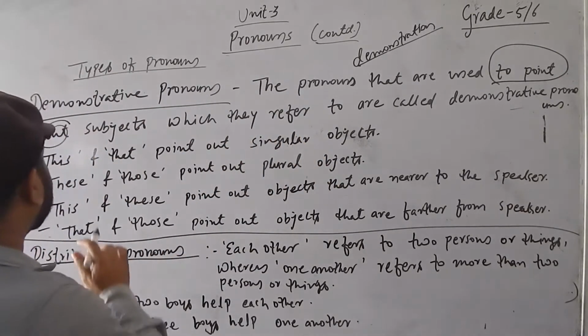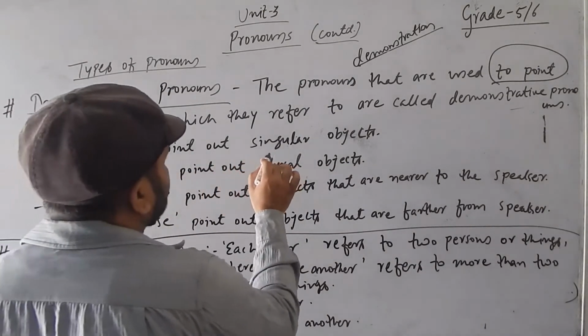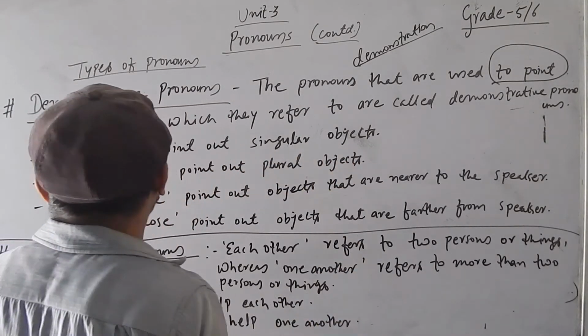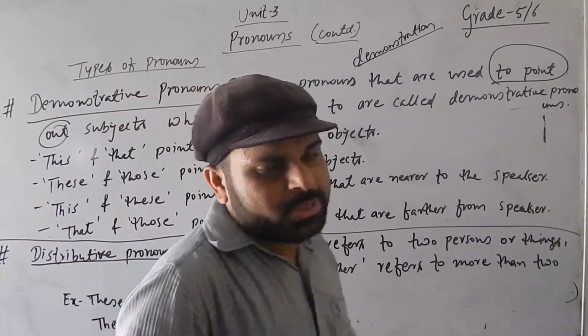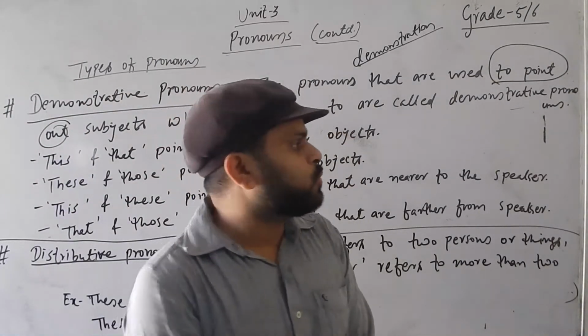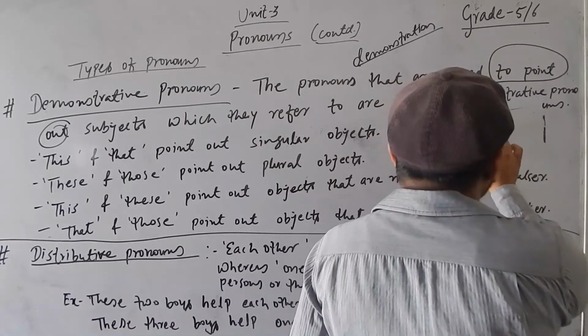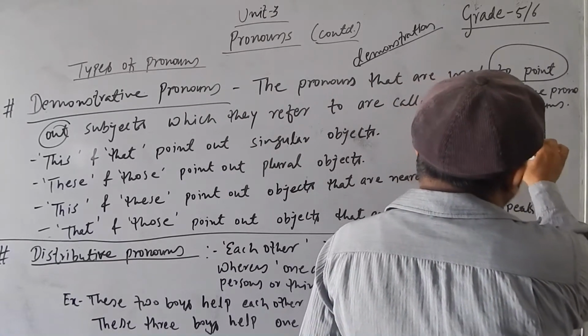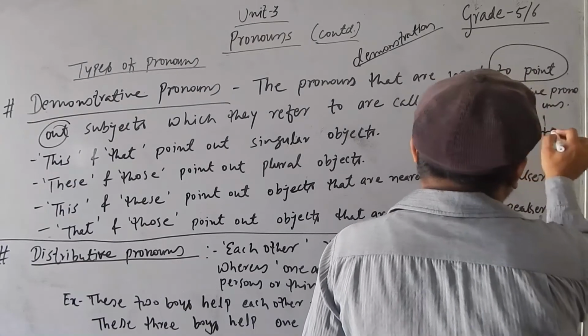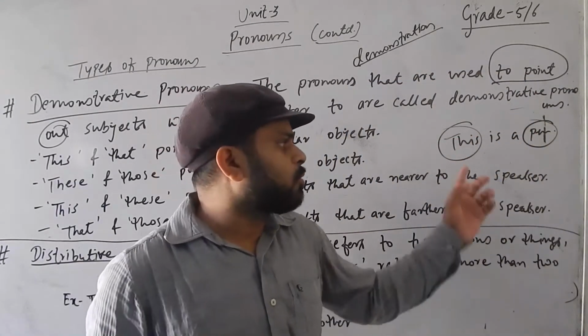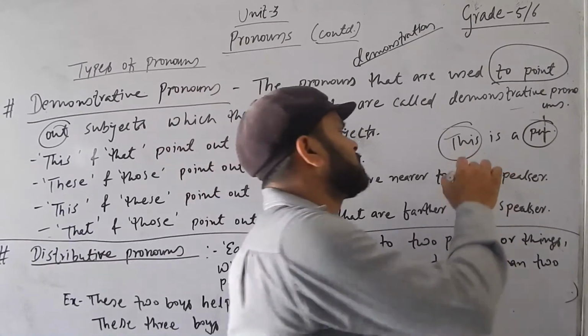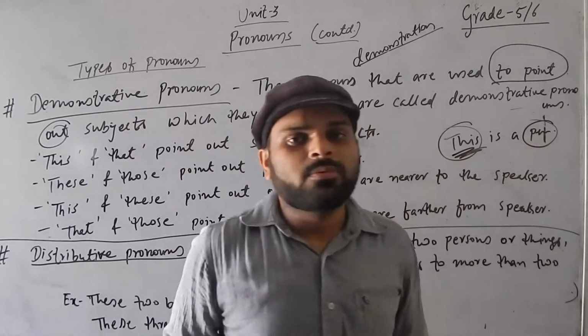See, this and that point out singular objects. How? Because you say, this is a pen. So pen is the subject that is pointed out by the demonstrative pronoun this.